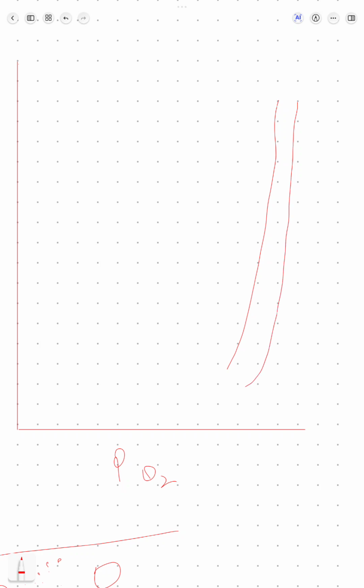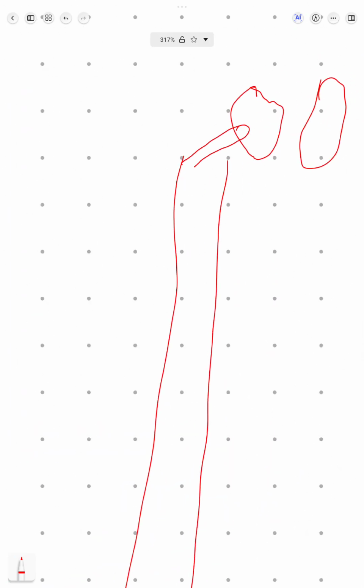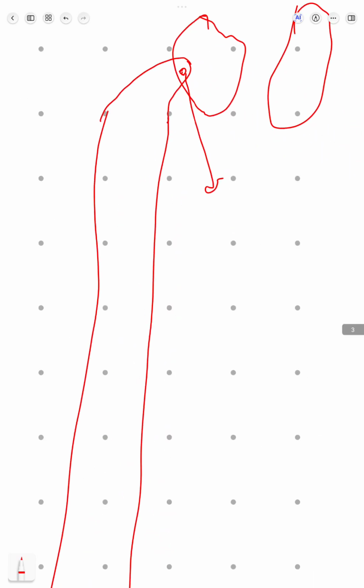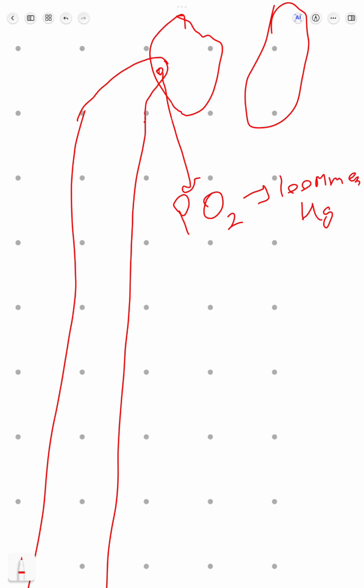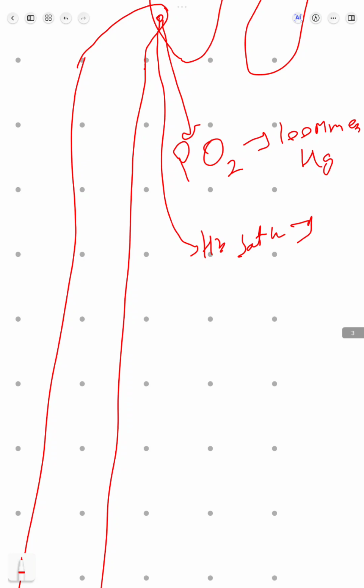Understand, if this is for example your lungs, right here the partial pressure of oxygen is 100 mm of Hg, and saturation is also around 98%.